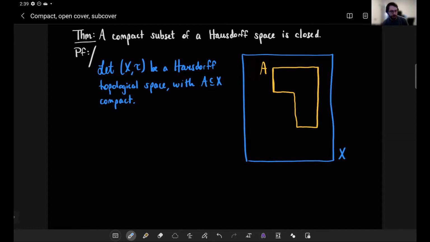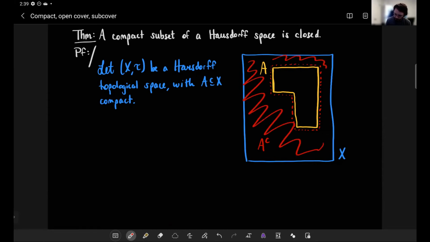Showing closed in a topological space, it's possible to do it directly. It's often easier to show that the complement is open. That's how we defined closed to begin with. So really, we want to think about a complement existing out here. And hopefully, the fact that A is compact will mean A complement is an open set.